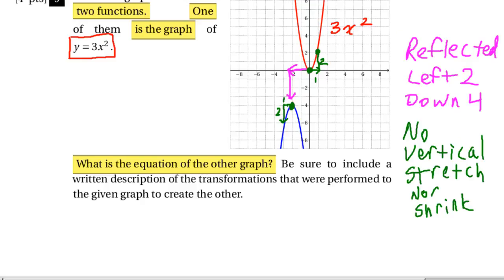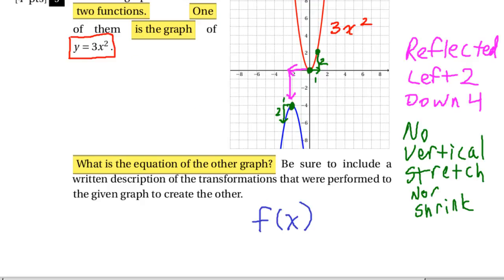So what you want to keep in mind is all of these transformations are going to start with f of x, and you're going to put stuff in the parentheses with the x or outside of the parentheses after the x, or possibly even put some negative signs in front, maybe inside.